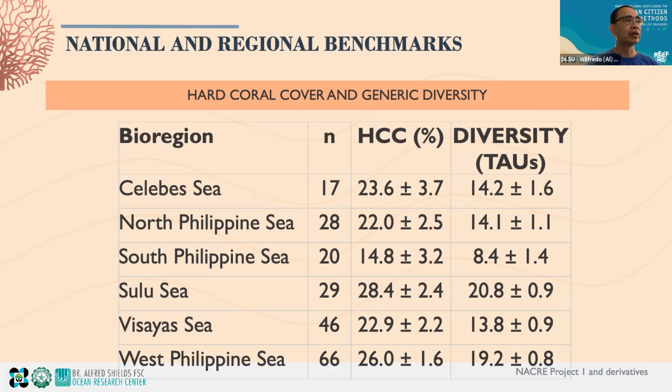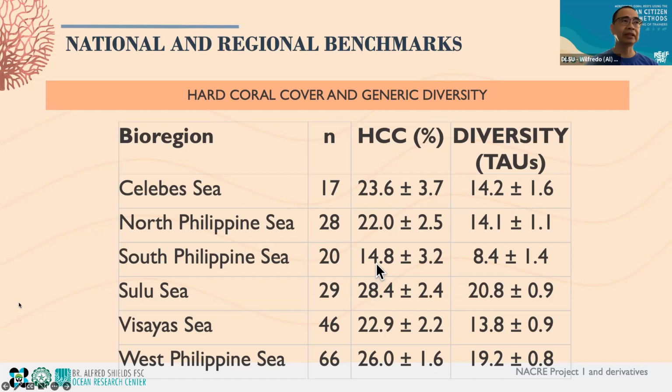So, for example, if you are working in Eastern Mindanao, it does not make much sense to compare the cover in Eastern Mindanao, which is this one, with that of reefs like Tubbataha.